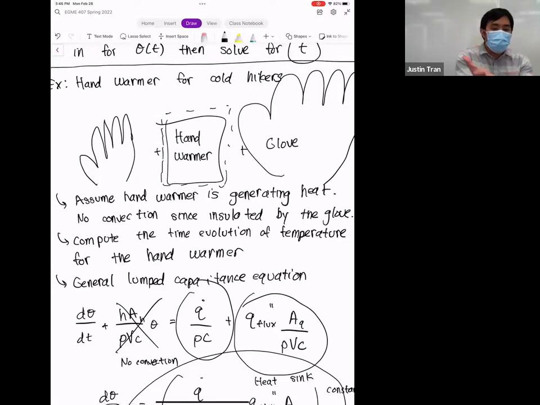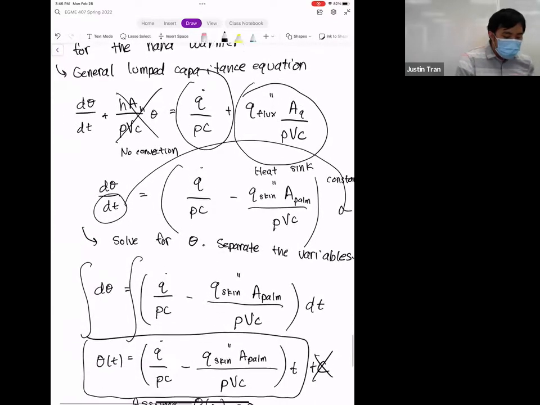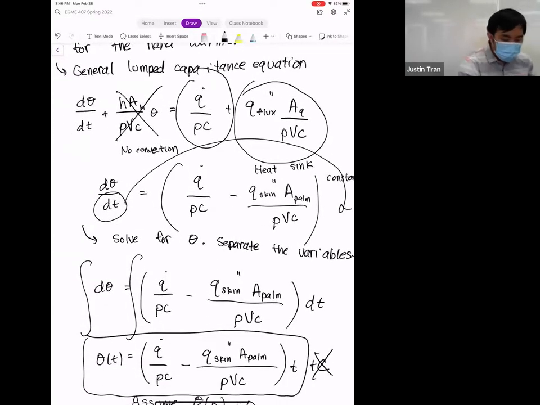The hand warmer is going to be generating heat, and that's going to go through because your hand is at a lower temperature. And then you said that we're solving for theta, but the Q flux here, that's the Q that goes from the hand warmer into your hand.